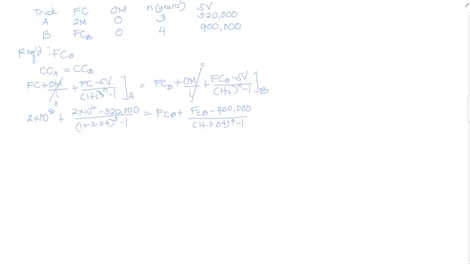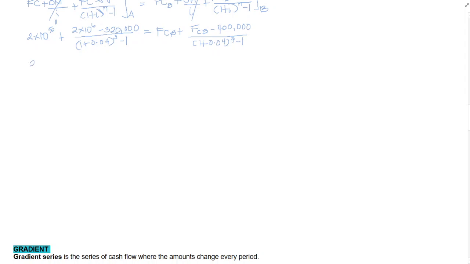That is, okay, so that is 2 times 10 raised to 6 plus 2 times 10 raised to 6 minus 320,000 divided by 1 plus 0.04 raised to 3 minus 1 is equal to FCB.